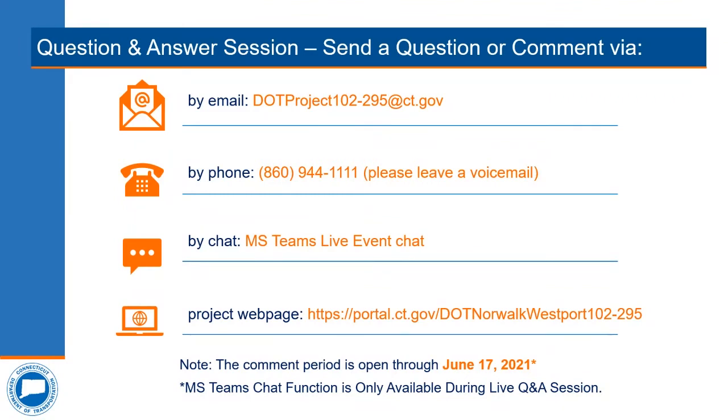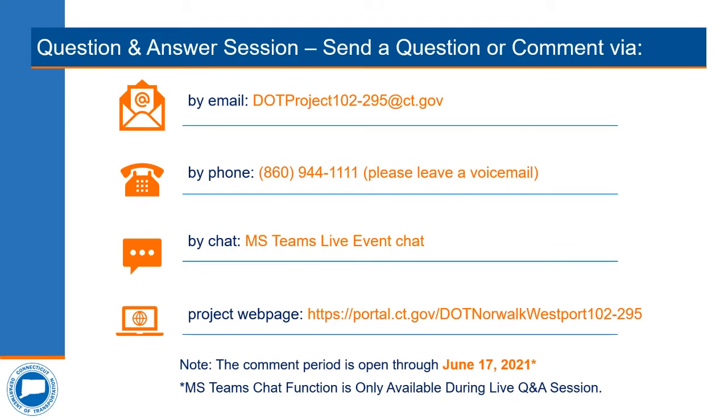With that said, we'll announce the project webpage one more time, portal.ct.gov/DOT Norwalk Westport 102-295. That's going to be the best location for information about this project moving forward. You can contact us. I want to remind you the comment period does go through June 17th of 2021. We'll take questions up to that.